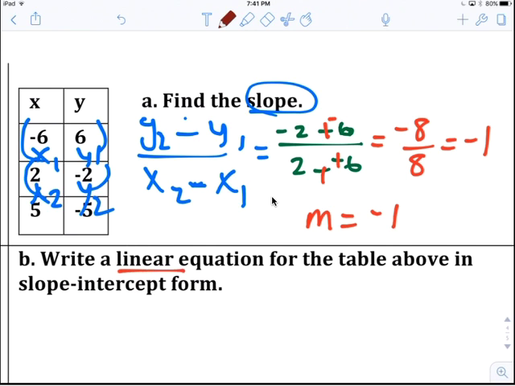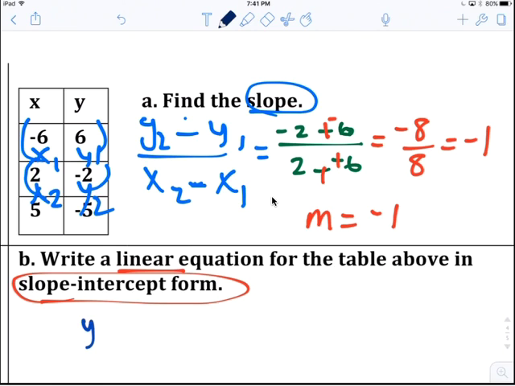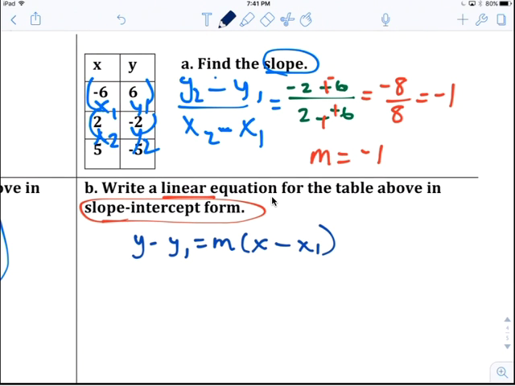Write a linear equation in slope-intercept form. We start off with point slope form: y minus y1 equals m parentheses x minus x1. When you solve it, it becomes slope-intercept form. Y minus y1, which is 6, equals m, which is negative 1, times x minus x1, which is negative 6.